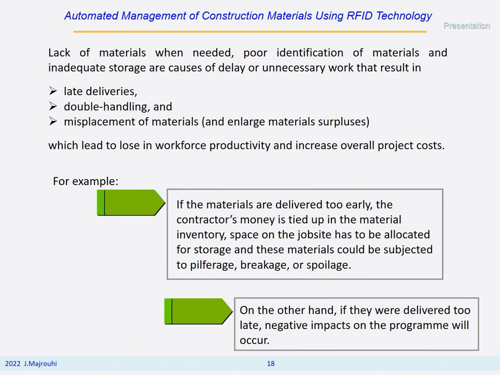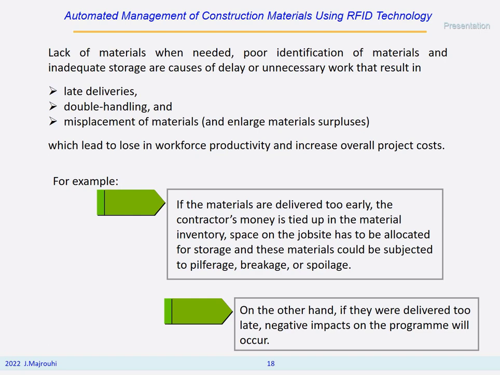Lack of materials when needed, poor identification of materials, and inadequate storage are causes of delay or unnecessary work that result in late deliveries, double handling, and misplacement of materials, which lead to loss in workforce productivity and increase overall project costs.